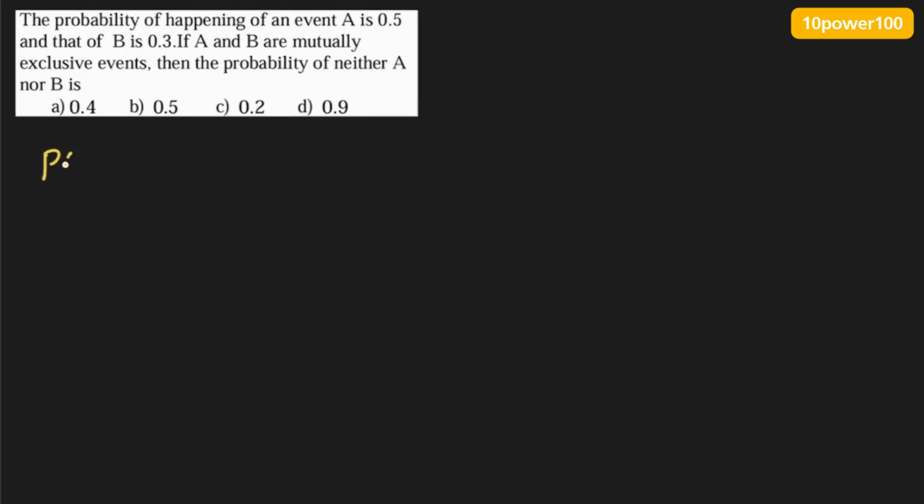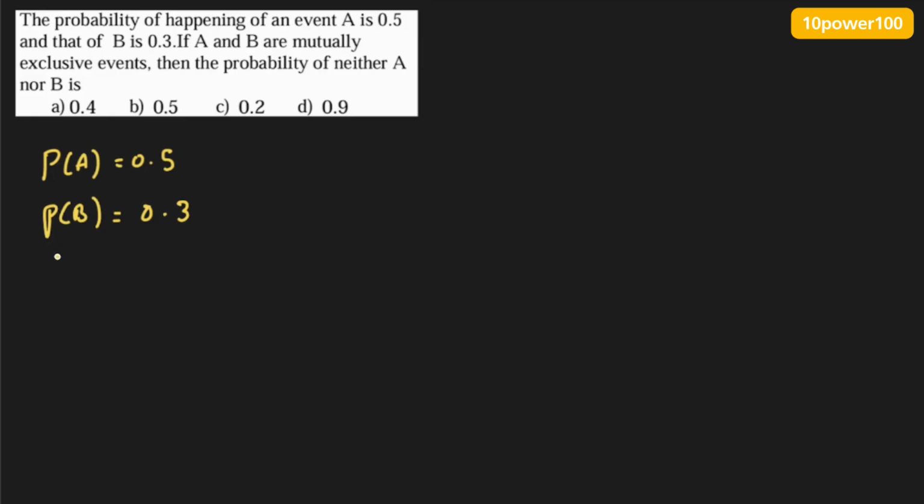P of A is given, so the probability of event A is 0.5 and the probability of event B is 0.3, and one more condition they have given, that A and B are mutually exclusive events.